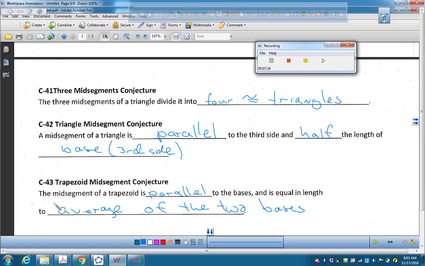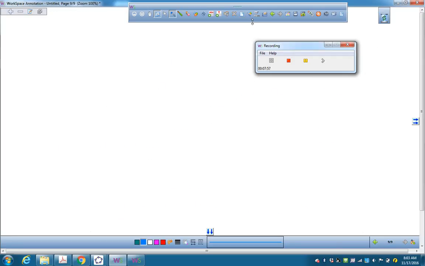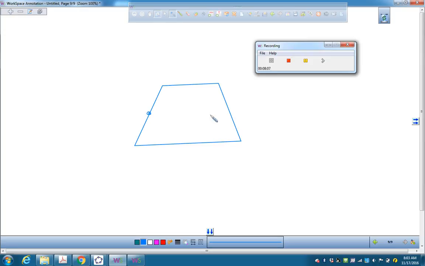So say, for instance, they give you a picture that looks like, let's get a picture. Well, there's a trapezoid. Make a trapezoid. And I pretend that this is a midpoint, this is a midpoint. I'm going to connect this to here.